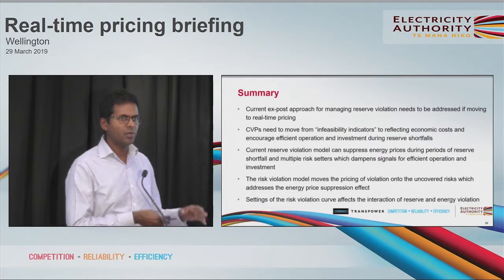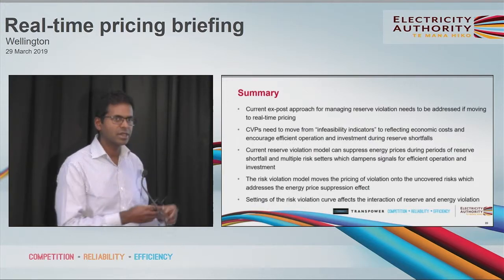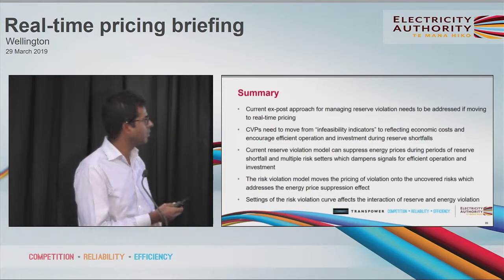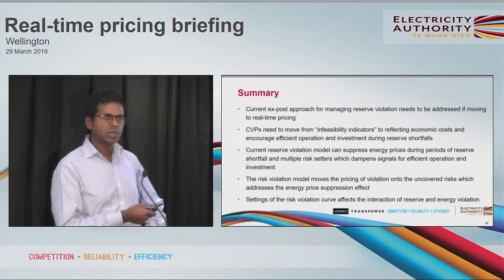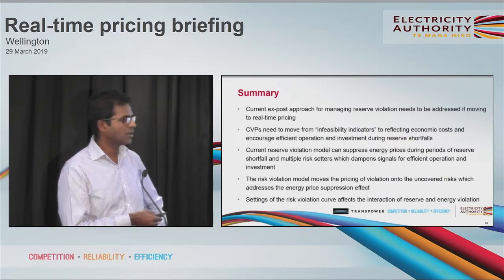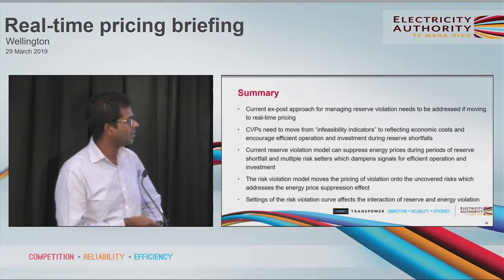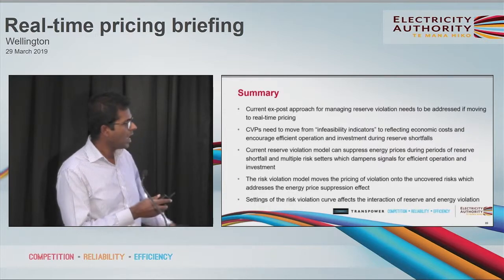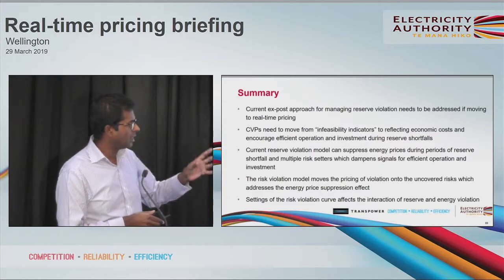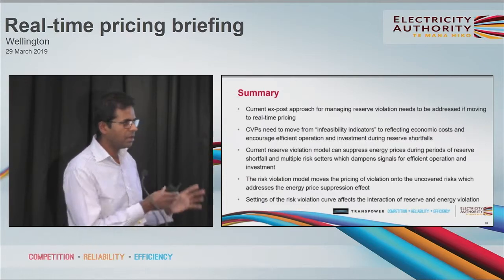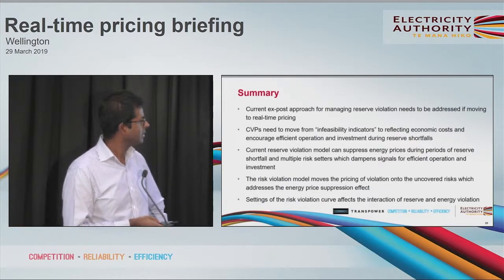When we move the CBPs into the realm of economic costs, these flaws start popping up. So the reserve violation approach seems to be a way of addressing this, not only taking into account the economic costs, but also correctly valuing the reserve shortfalls. And finally, when we looked at the actual market outcomes, we see that when we start turning the dials on the prices and the quantities, it had the desired effect.